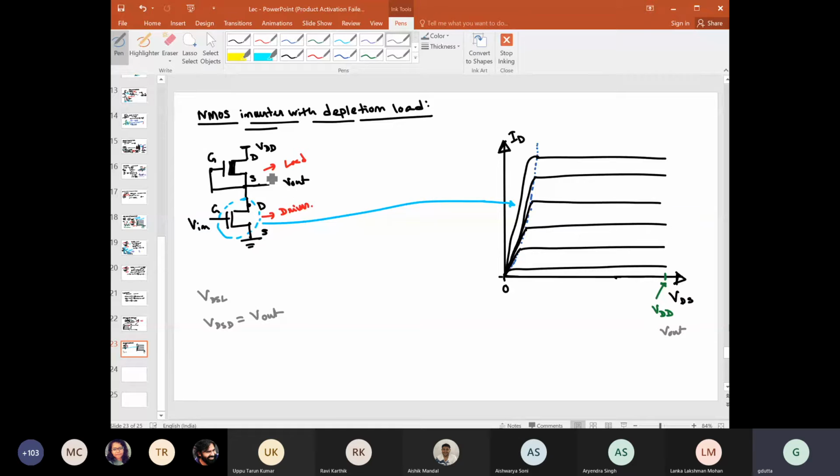Here, this V out you can write as VDD minus VDSL, right?